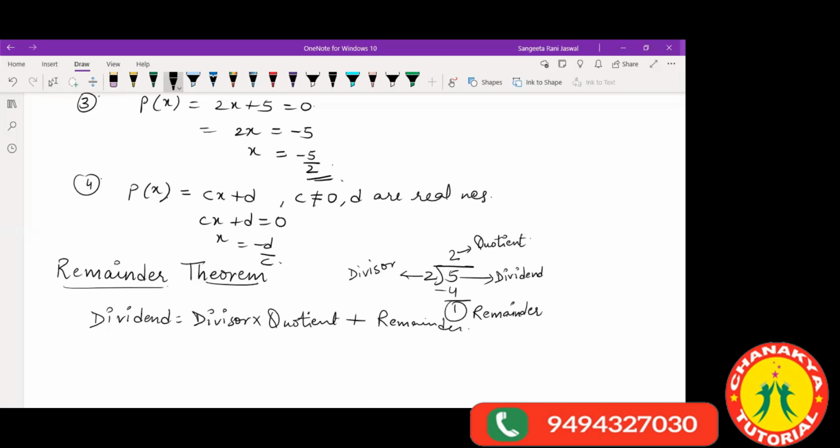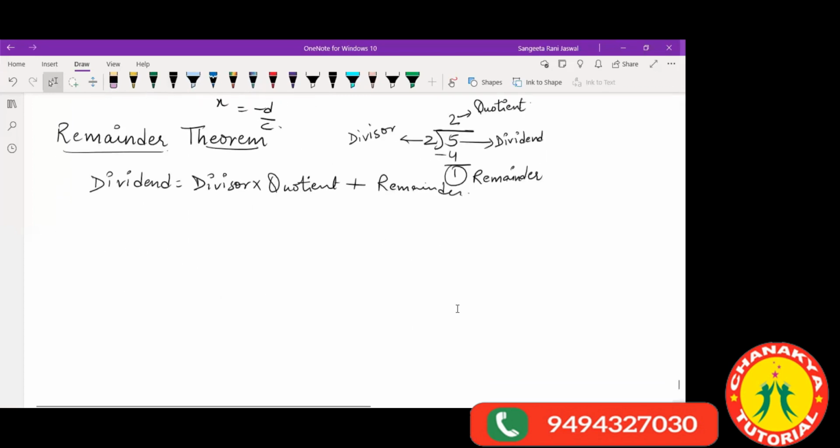No, there's no issue with that. Even if you write it without brackets, it is fine. The main thing I'm trying to tell you is dividend is equal to divisor into quotient plus remainder. So this is nothing new for you. You have been doing this maybe from class 1 or 2. But what does the remainder theorem say?